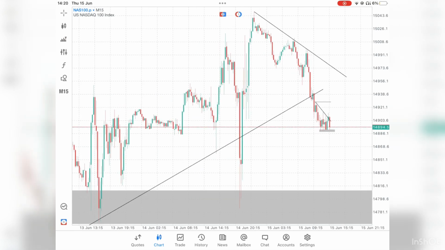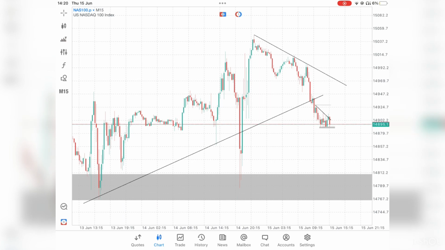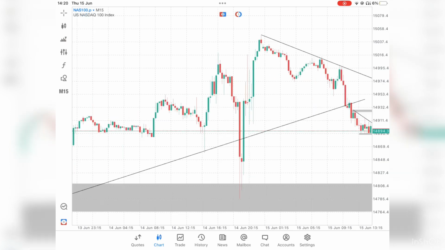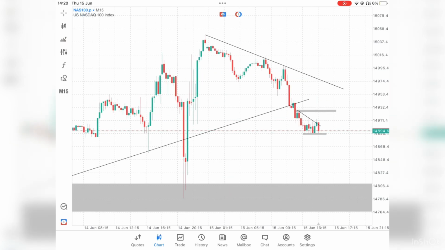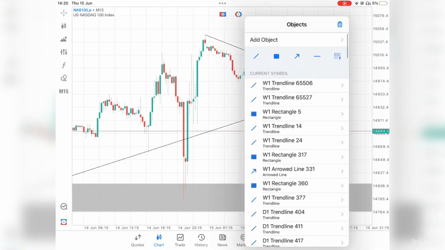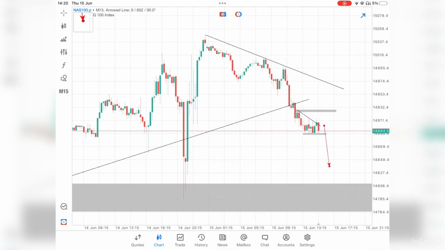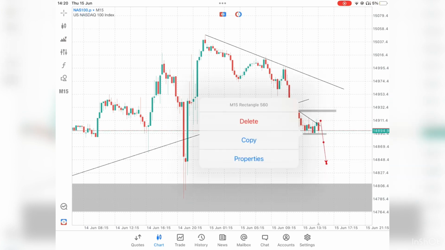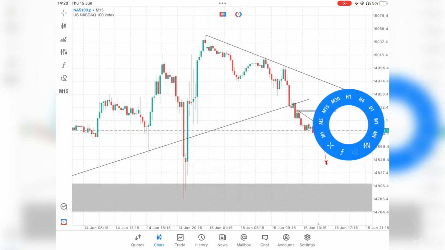So meaning that in the short term we will be looking for selling trades. So obviously with this I have an edge. My edge is to look for selling trades. So obviously I'll be expecting the market to go somewhere around these areas.